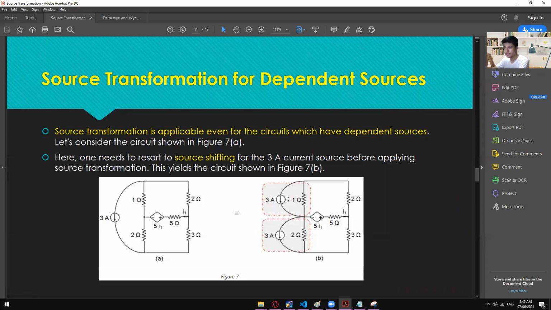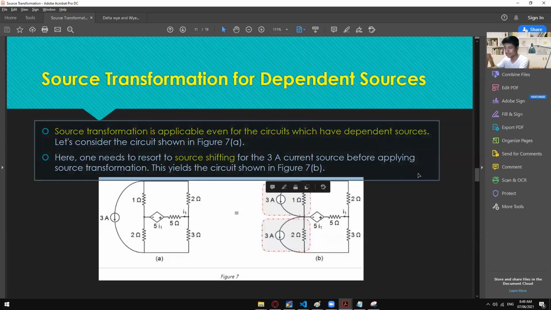So we divided that in two to meet the condition for transforming this current into another voltage source, and this other current into another voltage source. Those two are just the same.